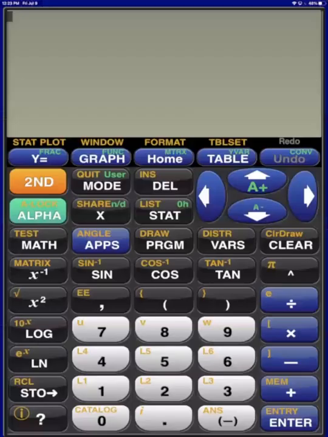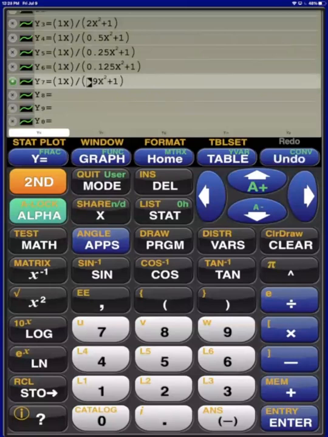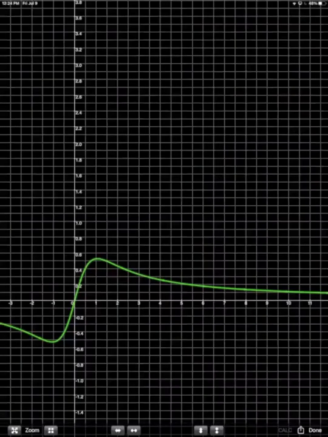This is pushing all the wrong buttons here. How about that? 0.9. There we go. And graph that. Well, it did move to the right. The x value or the t value did move to the right slightly.